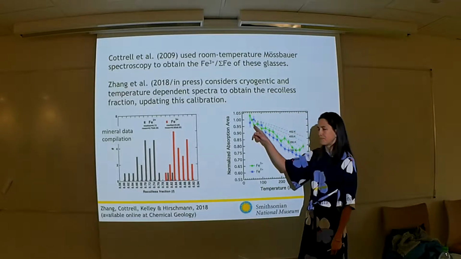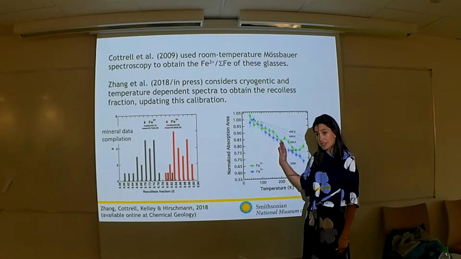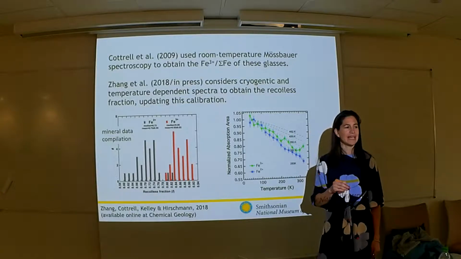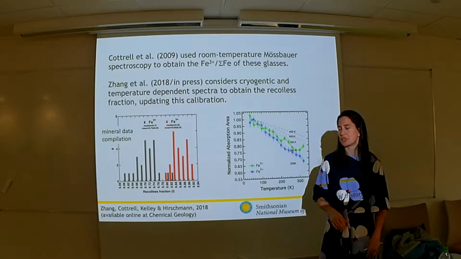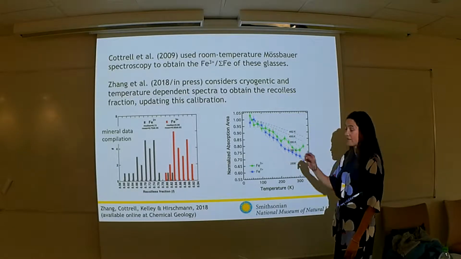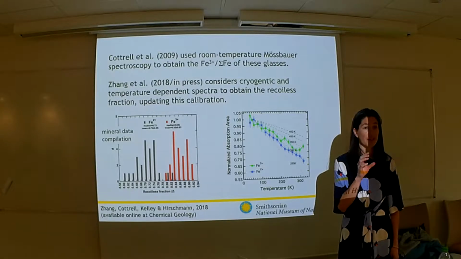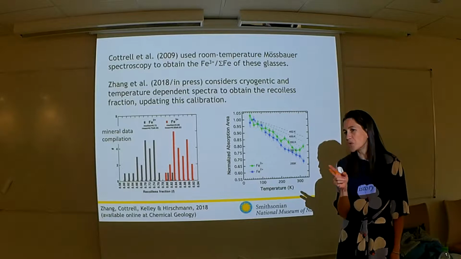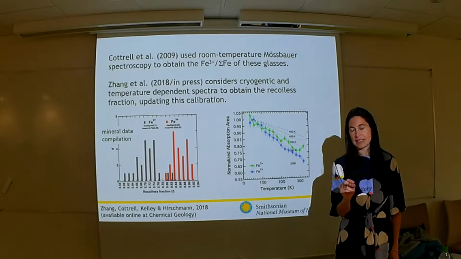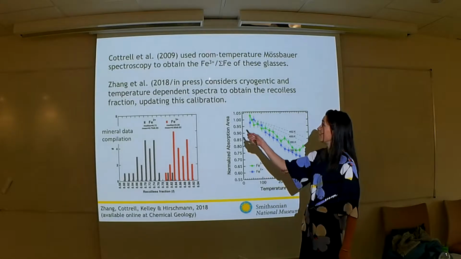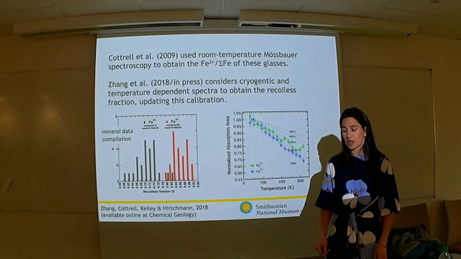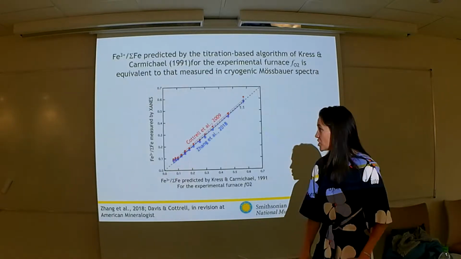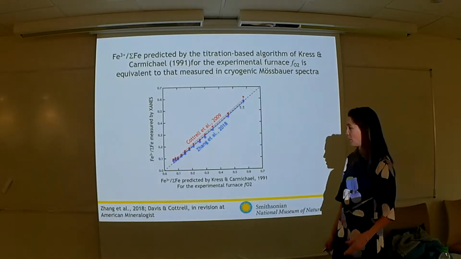But doing careful work like this across a temperature series with a helium dewar and nice cold temperatures, we could resolve a very small correction, a factor of C of 1.1, which only leads to a 1 or 2% difference in the ferric-ferrous ratio of the basalts. But this correction explains quite a bit.